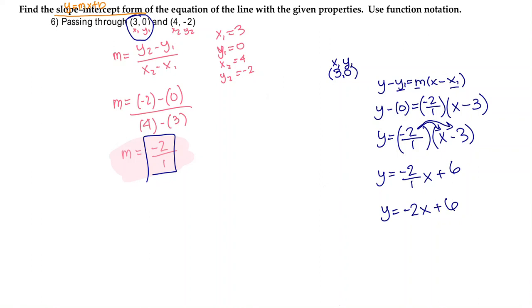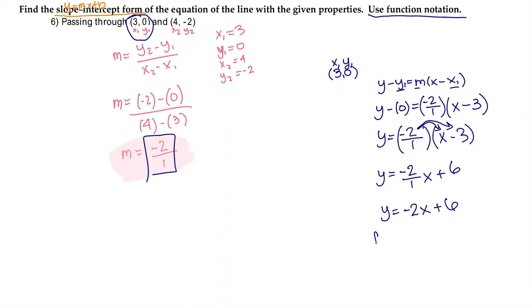Now, it's always important to go back and take a second look at the question just to make sure that the answer you have is answering the question that it's asking you. So we found the slope-intercept form of the equation of the line with the given properties. Now we just need to use function notation. Function notation just means to replace y with f of x.